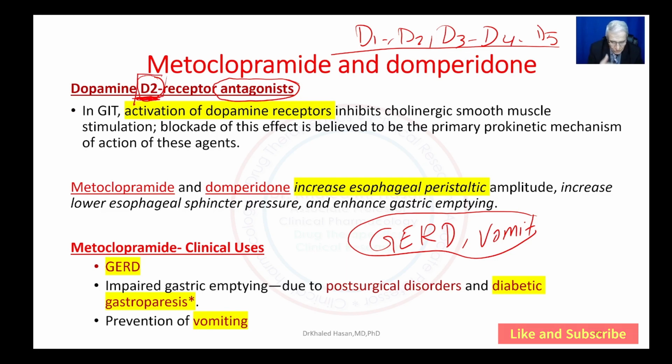These two medications work on the GIT, on the stomach, and activate. Before we talk about this, in the GIT, activation of dopamine receptor leads to inhibition of cholinergic neurons. Here we need the student to be familiar with the following concept.